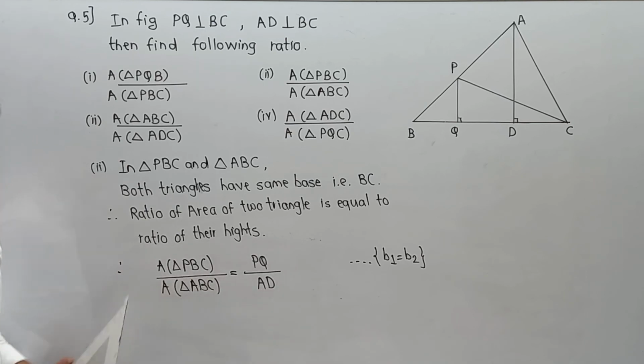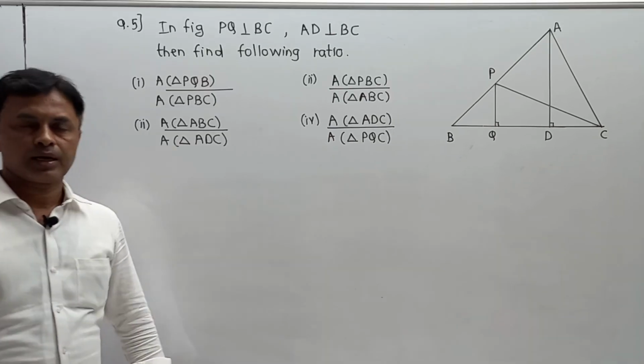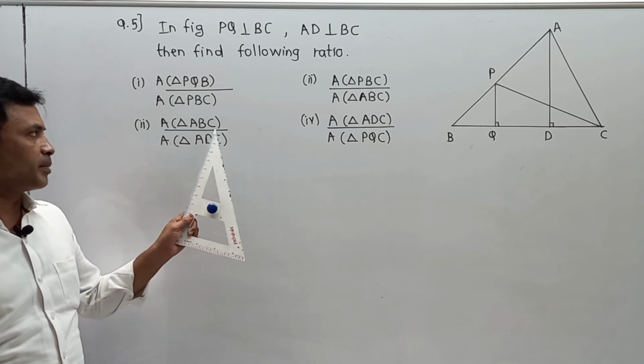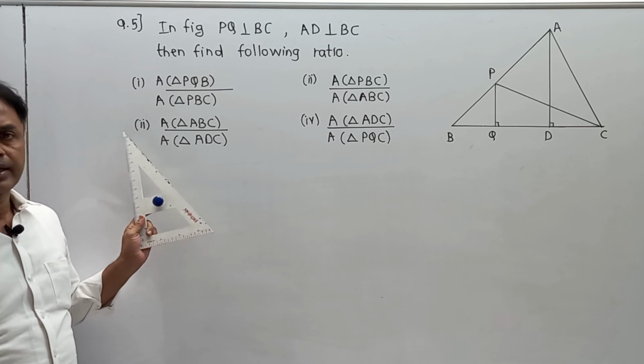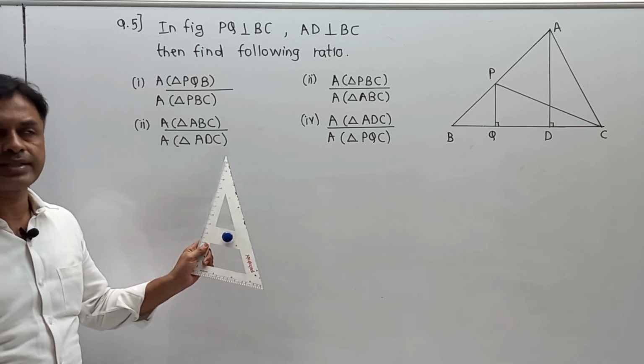Definitely for the final answer, please make a simple box and properly observe it and complete the part. Now here third part is area of triangle ABC upon area of triangle ADC.